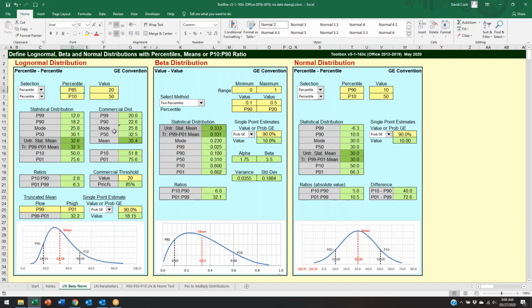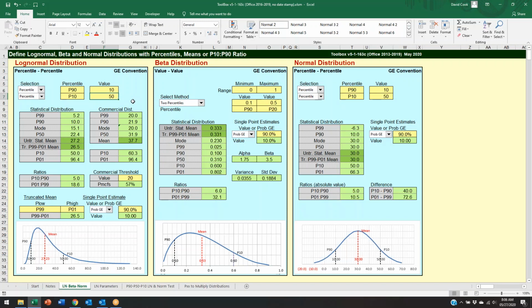And you can see that the probability density function chart down at the base updates based upon that. So I'm going to go back to the original values that were in here. And what you can see is that I've got similar values across the board for the log normal, beta, and normal distribution.